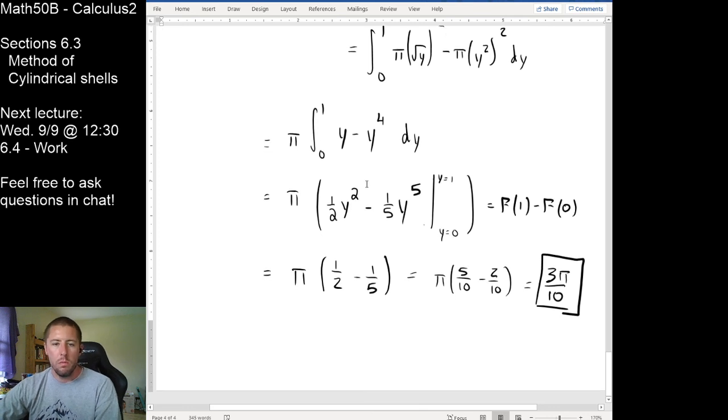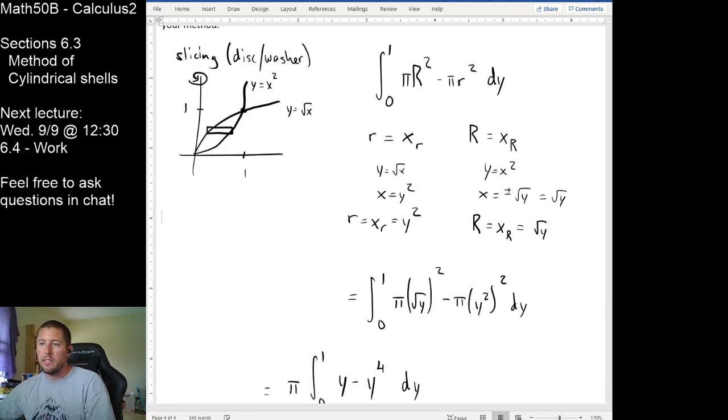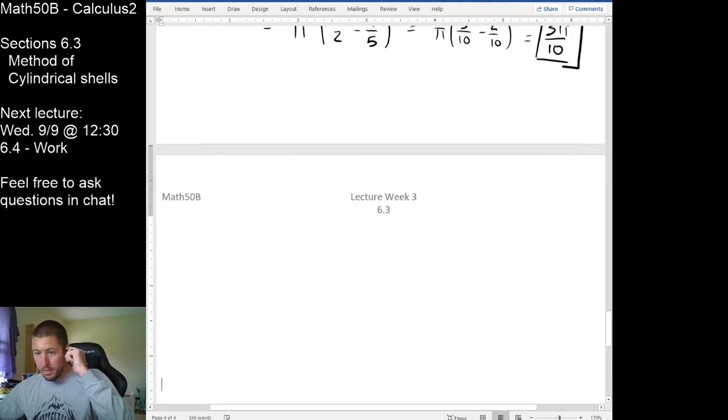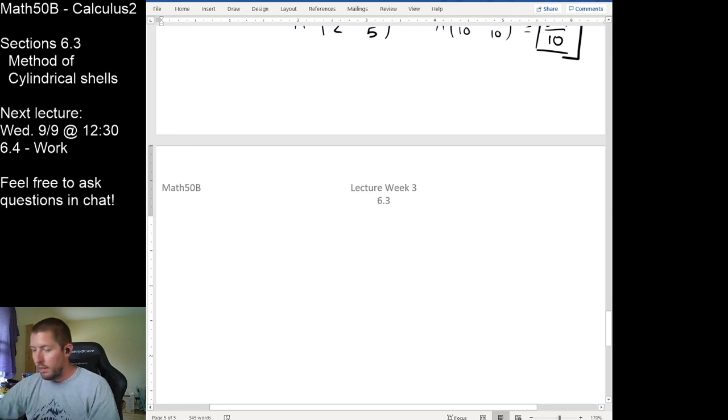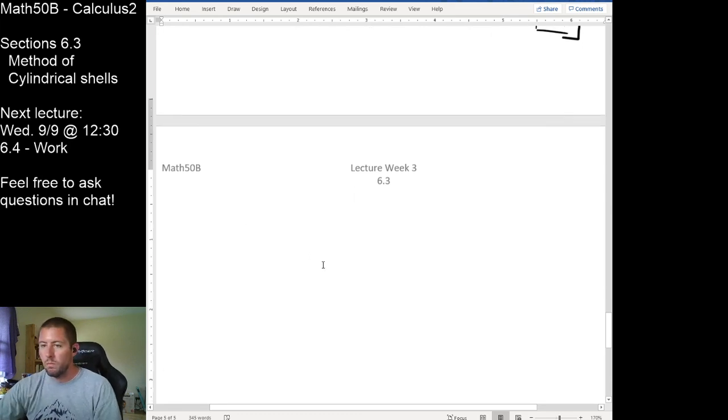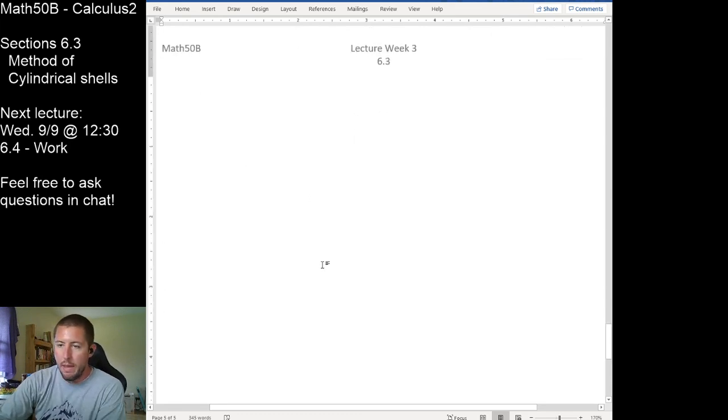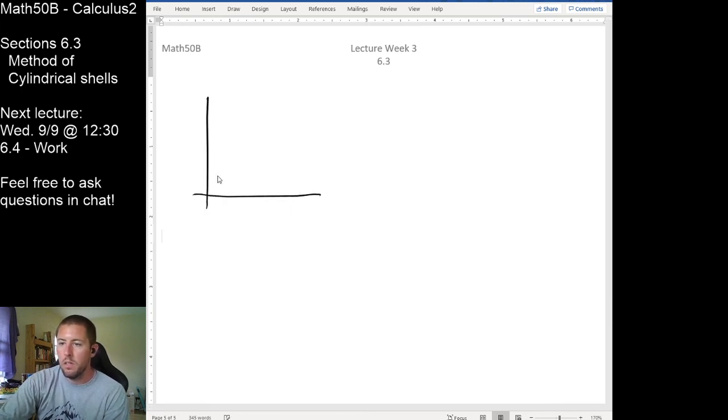Okay, so I want to draw the same picture. But this time, we're going to get a Riemann stick that's got a little different shape. So, same idea, same stuff. Y equals x squared. Y equals square root of x.